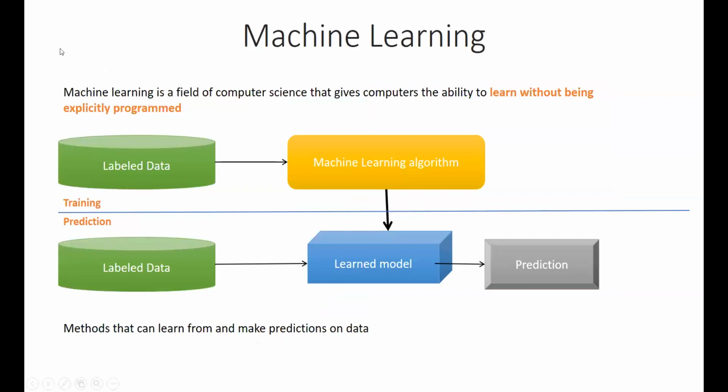So this is again a framework of machine learning where we utilize the data, and basically we are classifying what type of machine learning algorithms could be, and it basically requires training followed by prediction.